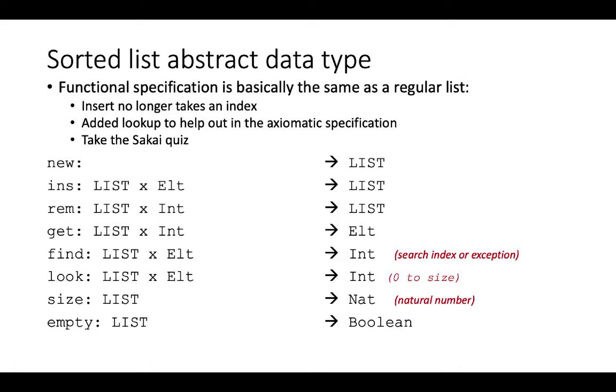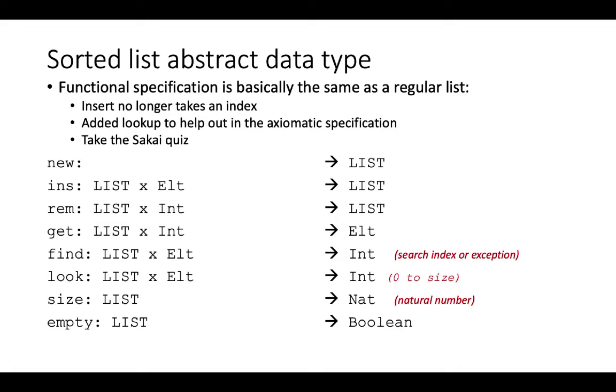Now, it's not that hard a quiz. Which operations are required to create any possible version of a sorted list? It's the same ones that were required to create any possible version of a list. And if you recall, the canonical operations for list were new, we need to be able to create a list, and add. Any possible list, we can just create a new list and add each element in turn.